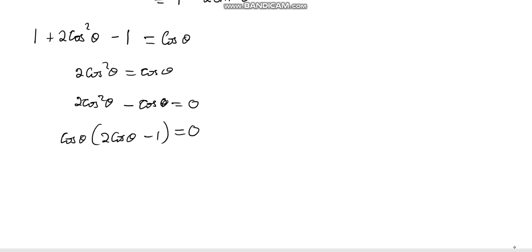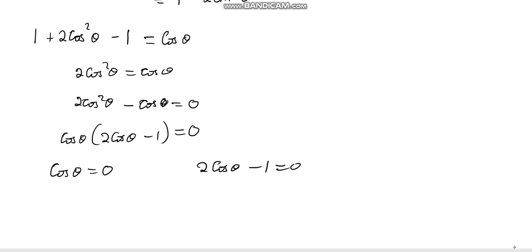We equate cos theta to 0 and solve for theta, and we also equate 2 cos theta minus 1 to 0 and solve for theta there. So we have cos theta equal to 0 this side, and 2 cos theta minus 1 equal to 0.